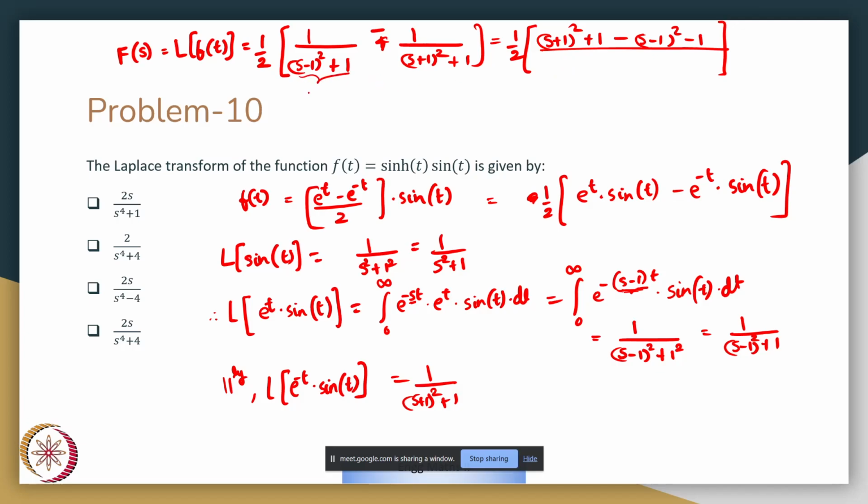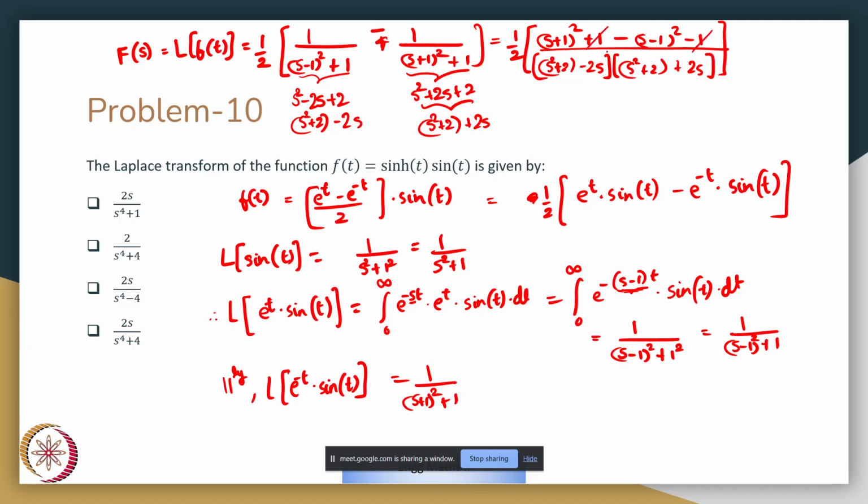So the left term looks like s square minus 2s plus 2, and the right term looks like s square plus 2s plus 2, which is nothing but s square plus 2 minus 2s, and s square plus 2 plus 2s. So we essentially have s square plus 2 minus 2s being multiplied with s square plus 2 plus 2s.